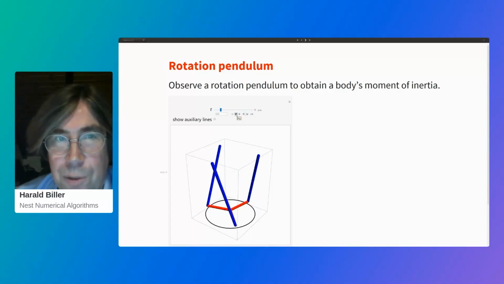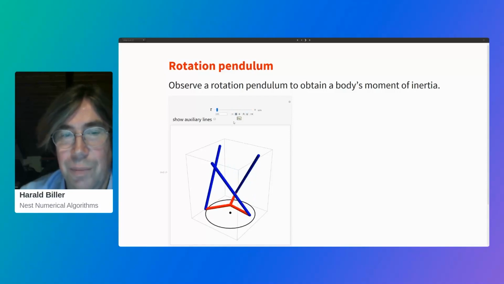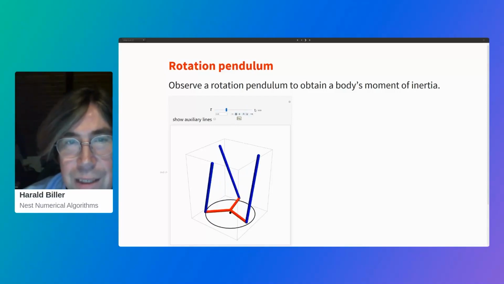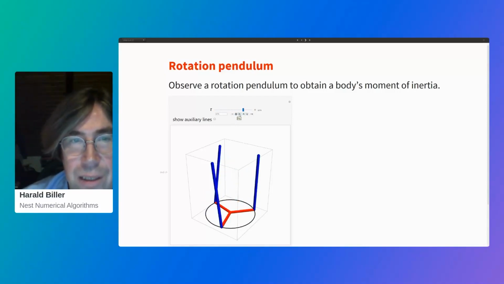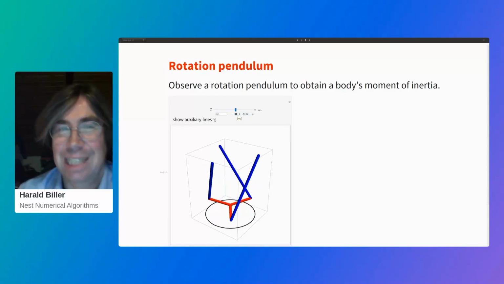I want to observe the rotation in order to measure the inertia, and oh, this doesn't stop playing. Oh dear. Whatever can go wrong will go wrong.